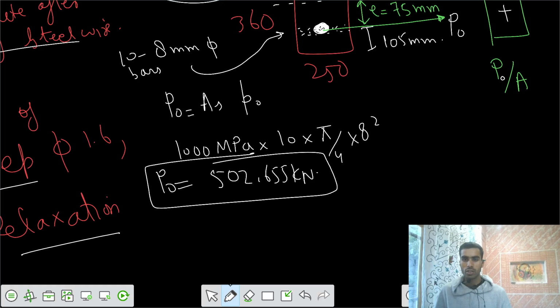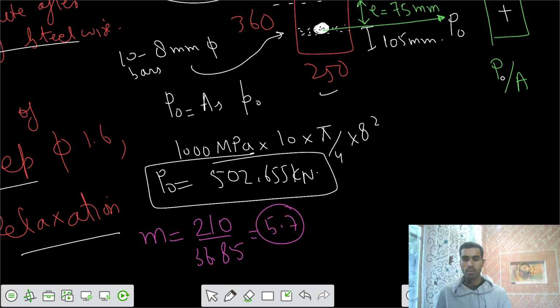The area of the cross section of the concrete is also known to us. The modular ratio is given as 210 divided by 36.85, which is about 5.7.